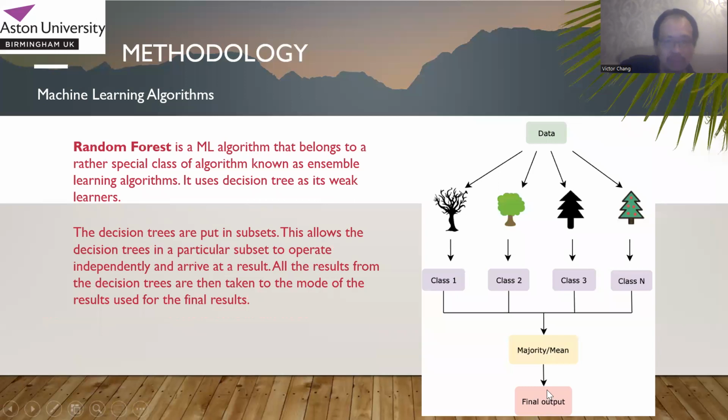Random forest uses decision trees as weak learners. The decision trees are put into subsets, which allows the trees in a particular subset to operate independently and arrive at a result. All the results from the decision trees are then combined, and the mode of the results is used as the final result.